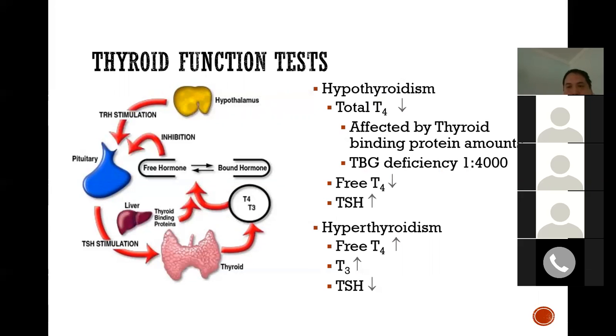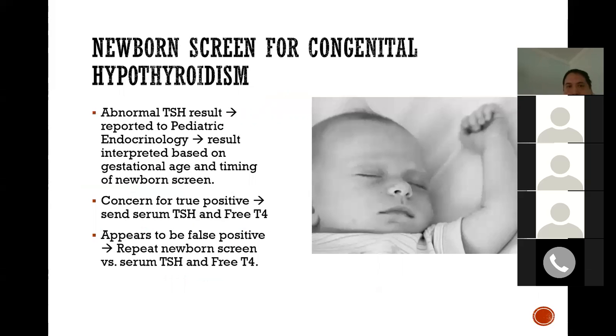Okay. So obviously we have the newborn screen, and we are following the newborn screen program now for our region. Tennessee is a TSH first test, followed by potentially a reflex free T4. If you have a positive newborn screen, you should send the serum TSH and free T4 to try to determine it.